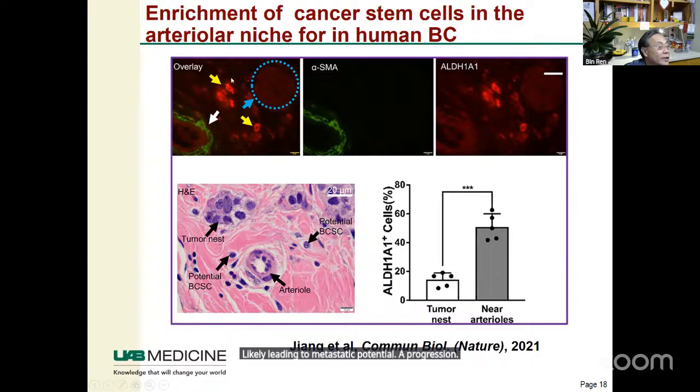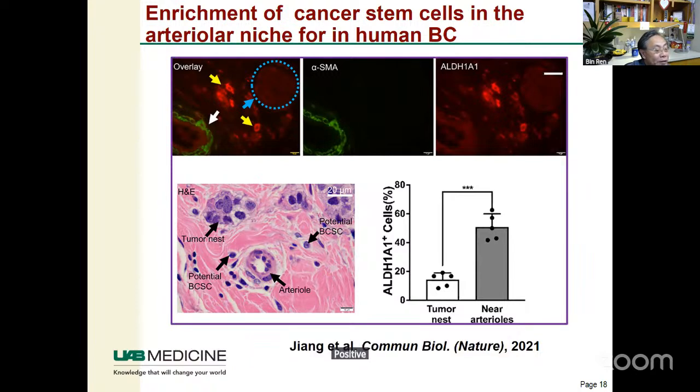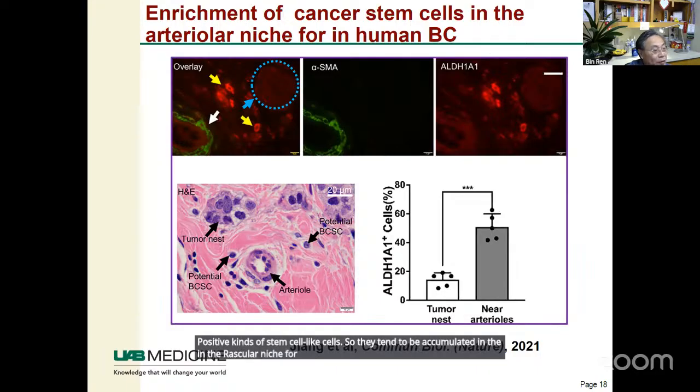As you can see from this image, this is smooth muscle actin stained small arteries. Here are the ALDH1A1 positive cancer stem-like cells. So they tend to be accumulated in the vascular niche, ready to move to other places.